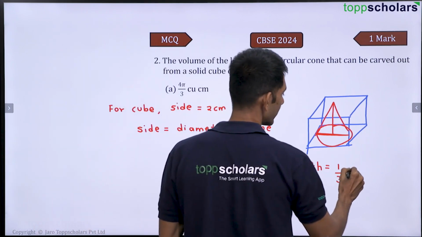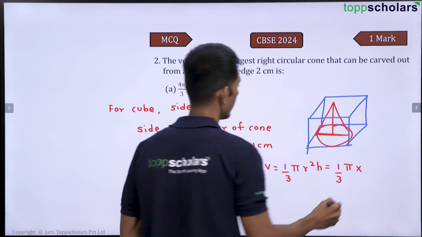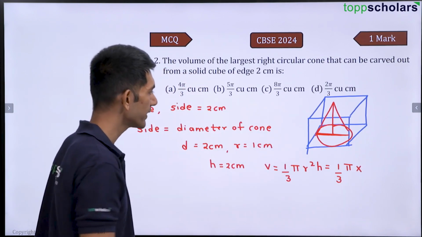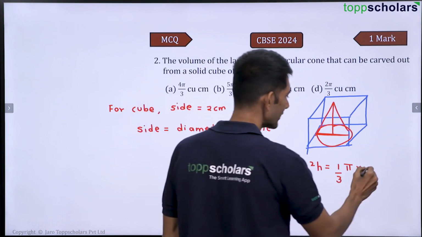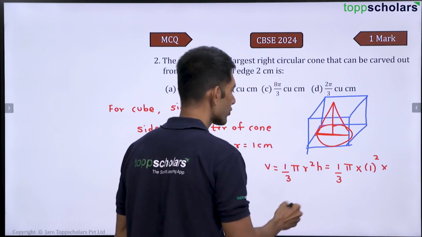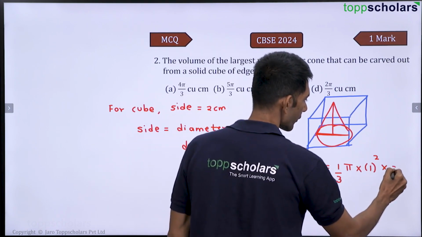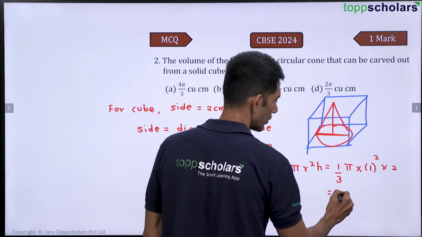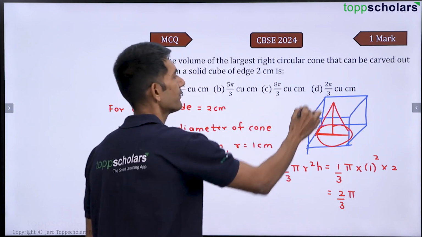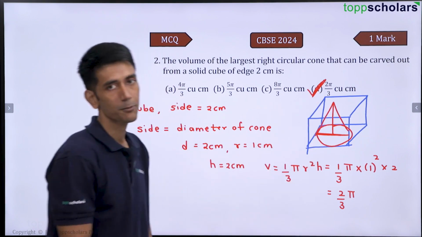Let us keep pi as it is. No need to put the value. R square is 1 square, into h, h is 2. So that is equal to 2 by 3 pi. Option D is the correct option, 2 by 3 pi.